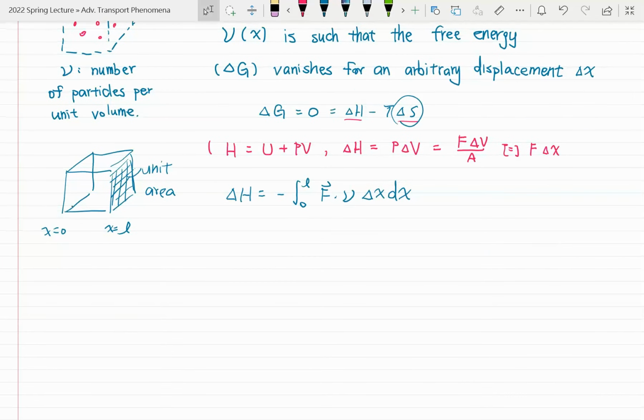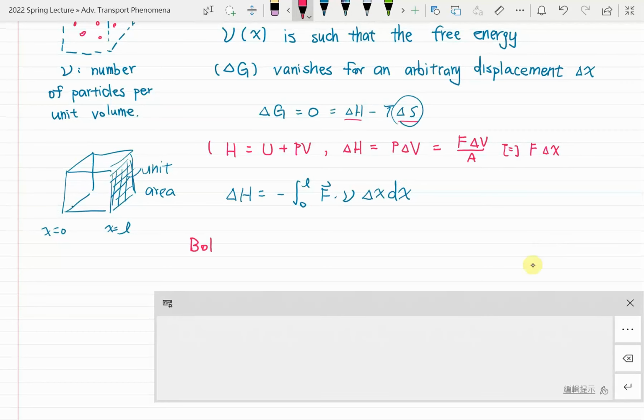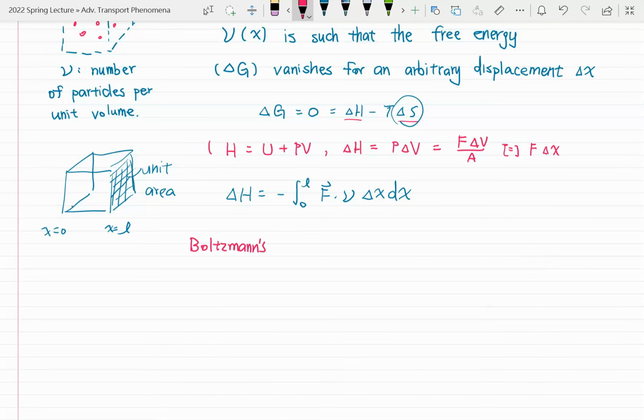So basically, let's introduce Boltzmann's entropy formula, which states that the entropy from a statistical mechanics point of view equals the Boltzmann constant, K sub B, times the natural log of omega.